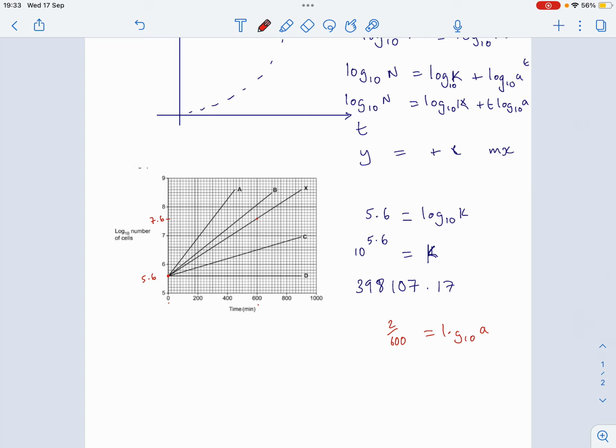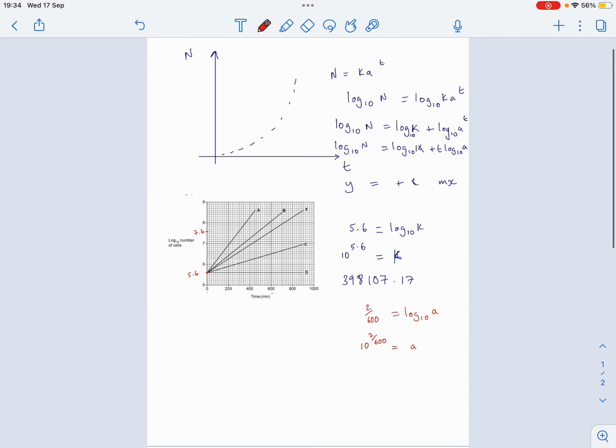Doing the same method that we just did with the k, I can raise that up as a power of 10. So I get 10 to this power. And that's going to give me a number that's only just slightly bigger than 1. So to not lose any accuracy, I'm going to leave it like that.